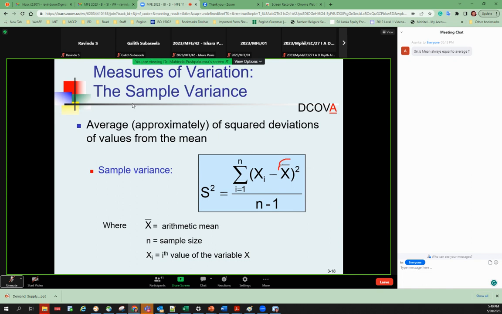This is the mean value, and this is xi, each value of x. When you take the difference between these two figures, it shows how each value deviates from the mean.